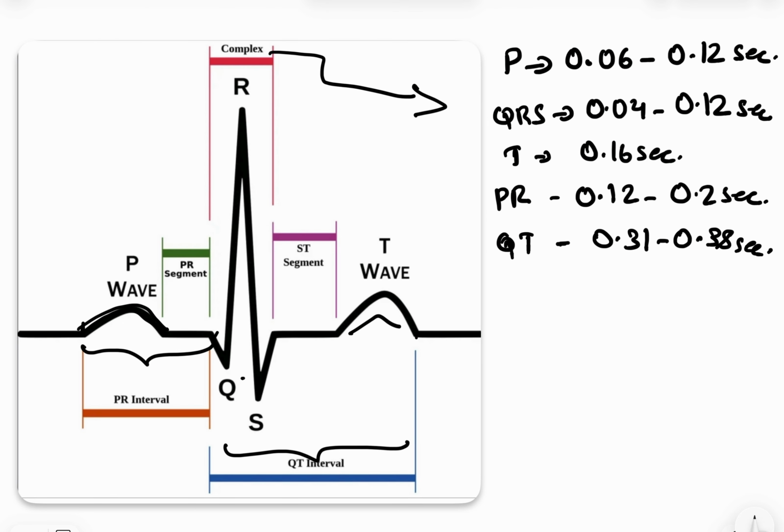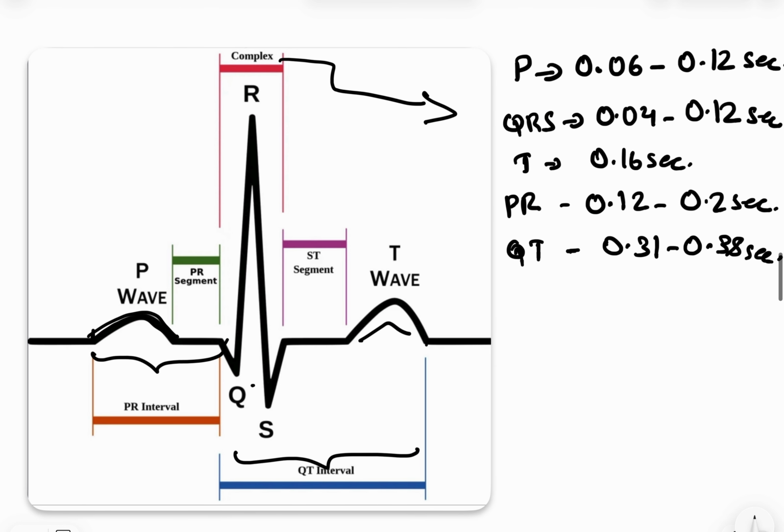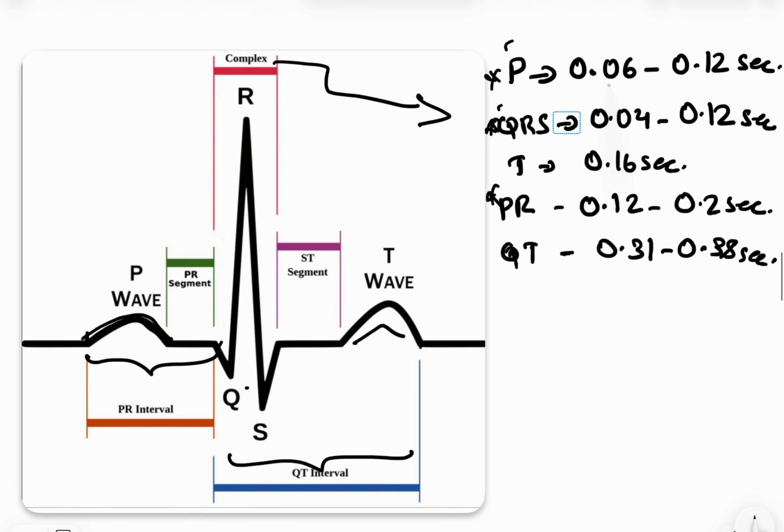Among these, the most important thing is the time taken for a P wave, QRS complex and PR. These three have been asked in many questions. So how are you going to study this? P wave is 0.06 to 0.12. You have to learn it by heart.